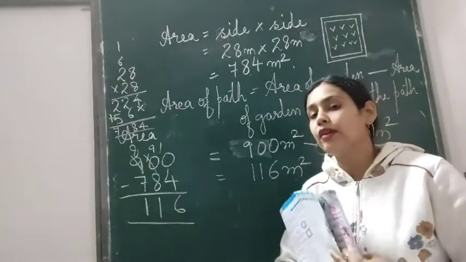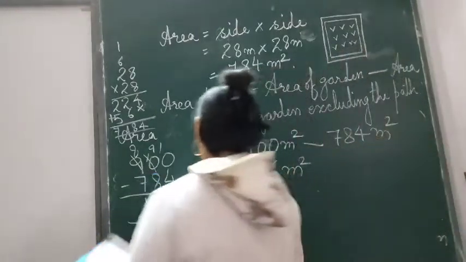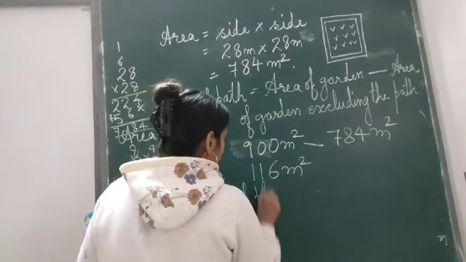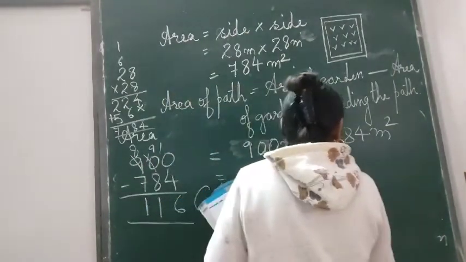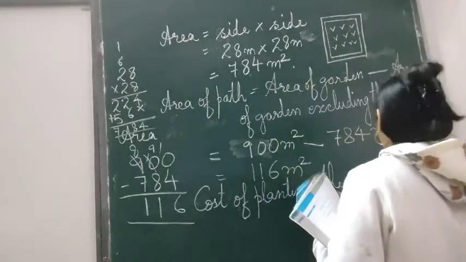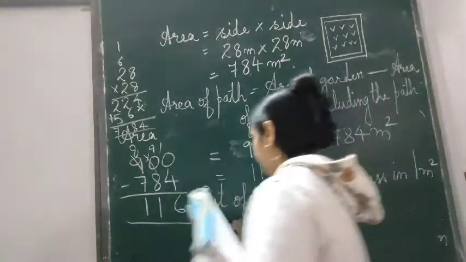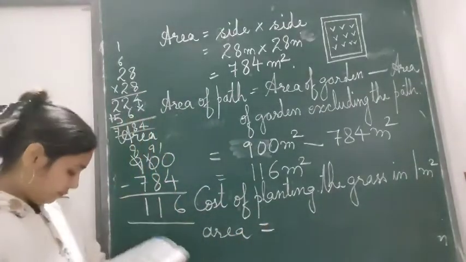So per meter square means 1 meter square. Okay, so the cost of planting the grass in 1 meter square area is how much?